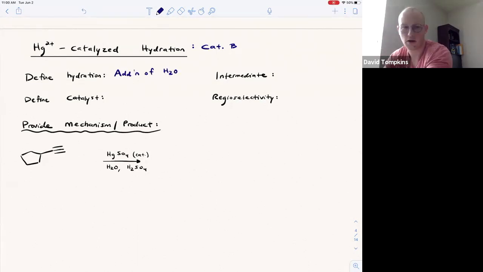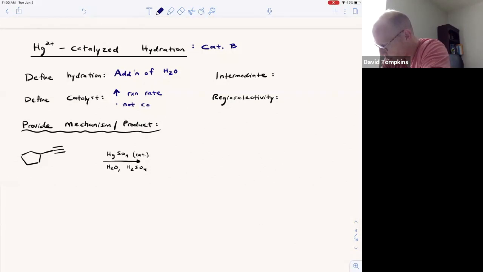Hydrogen will add to one carbon of the alkyne, OH or hydroxyl will add to another. And mercury is going to be a catalyst, which means it's going to increase the reaction rate. We'll find that it makes the alkyne very electrophilic, and it's going to be regenerated in the end, or we're going to show in the mechanism that it is not stoichiometric.